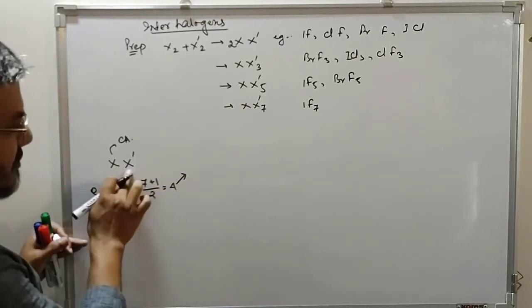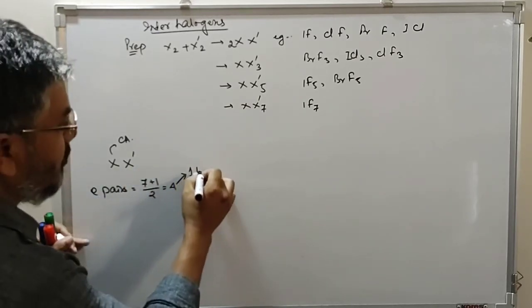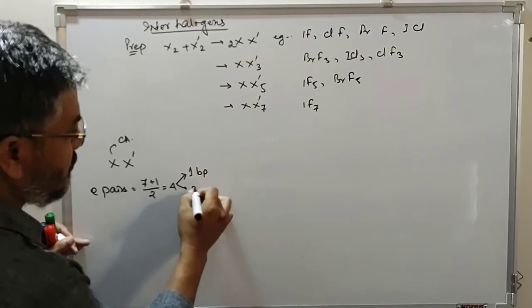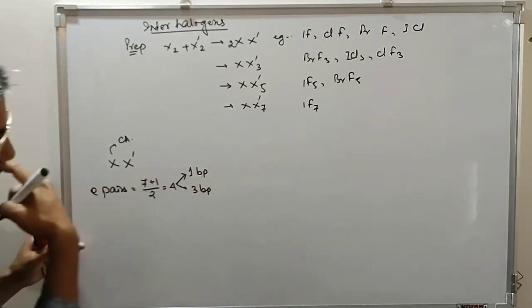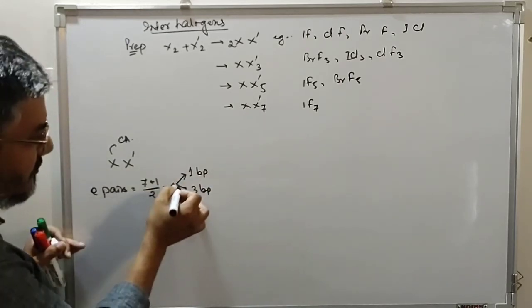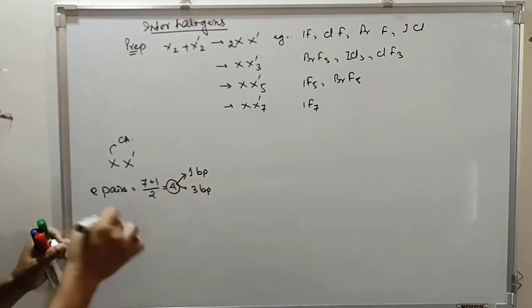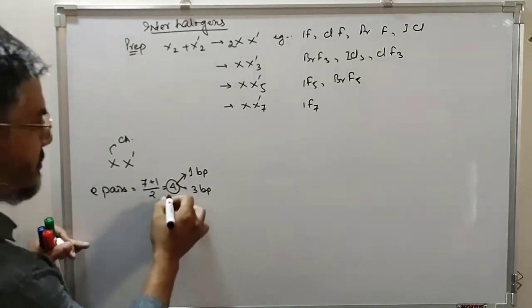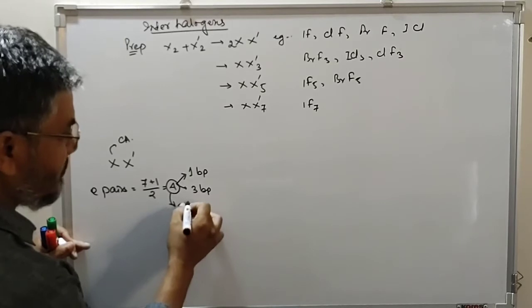Number of other atoms is 1, so 7 plus 1 divided by 2, we have 4 electron pairs. Since the number of other atoms is 1, we have 1 bonded pair and the remaining 3 are lone pairs. Since the number of electron pairs is 4, we require 4 hybrid orbitals, so the hybridization is sp3.